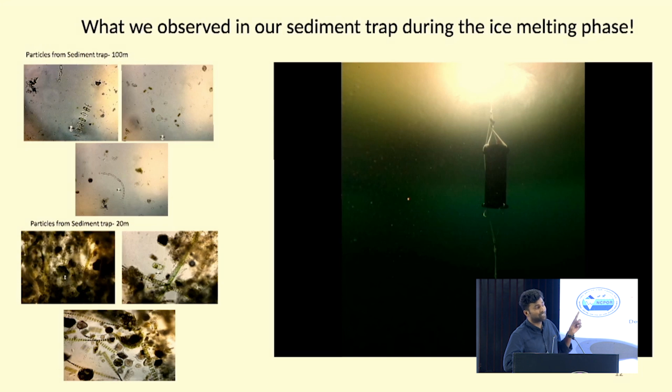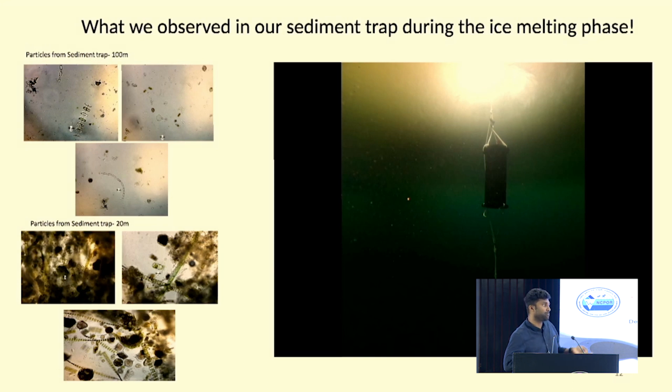Our chlorophyll data also showed that sometimes the phytoplankton goes all the way to the bottom, and we presume it is because the seal moved, so it pushes all the water down. But in our sediment trap also we are seeing greens, and in the surface 20 meters obviously we see a lot of greens, and whatever falls down from the sea ice water.